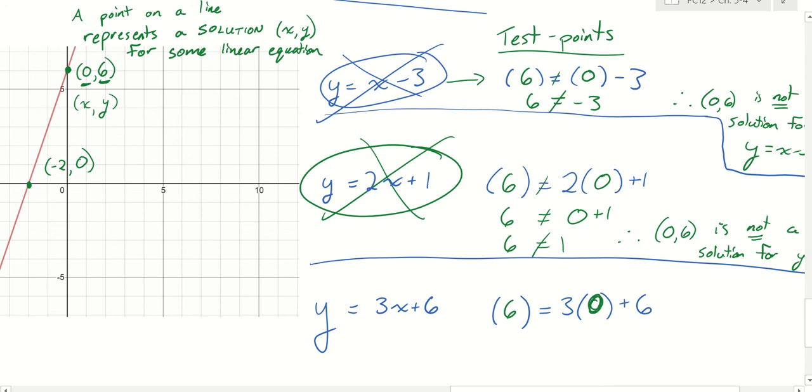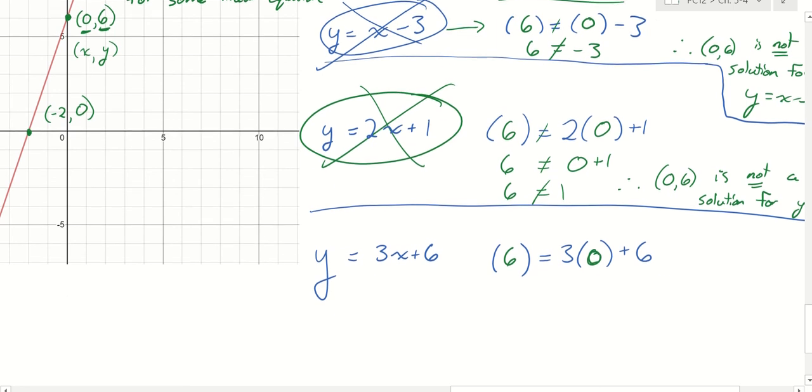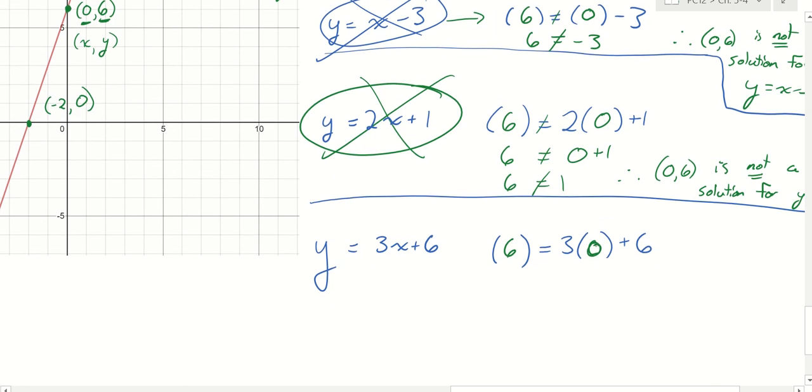All right, so let's do the math here. On the left-hand side we have 6. On the right-hand side we have 3 times 0 plus 6. Hey! 6 is equal to 6. Left side equals right side.